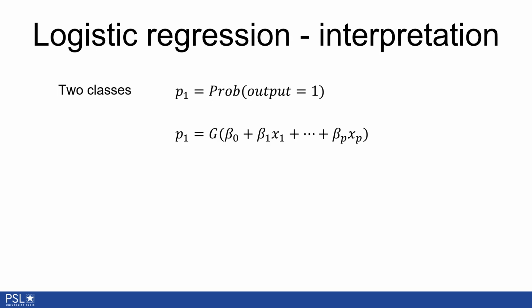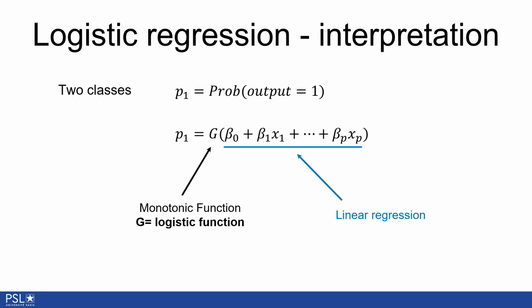So in summary, for two classes, logistic regression consists of first applying a linear regression to the inputs with a vector of coefficients beta, and then applying a monotonic nonlinear function g, which is called the logistic function. The result is the probability that the output is 1, so if it's larger than 1/2, logistic regression will output 1, otherwise it will output 0.